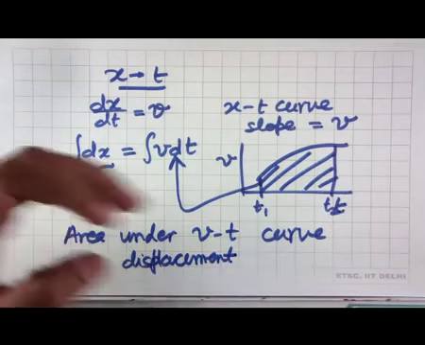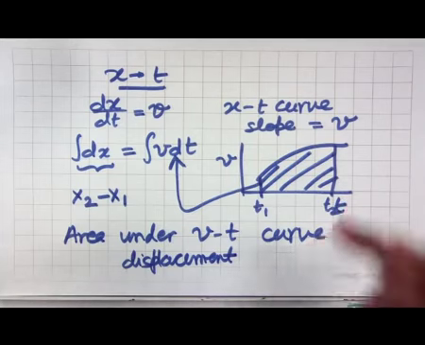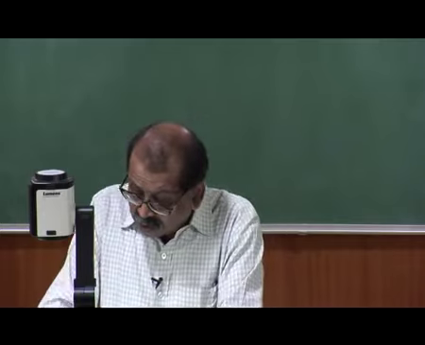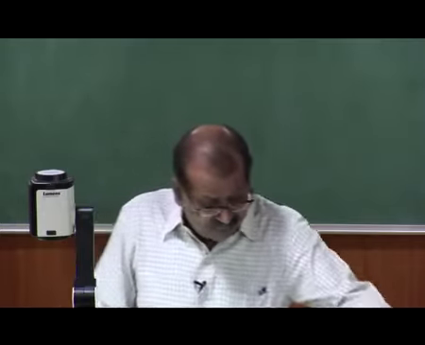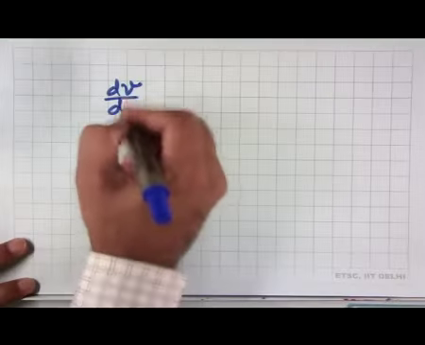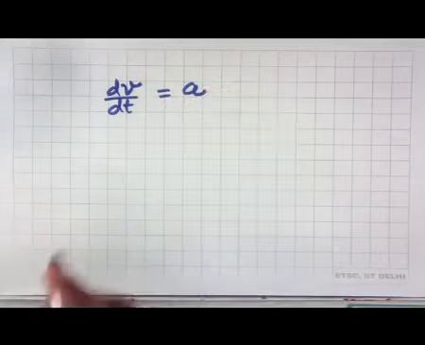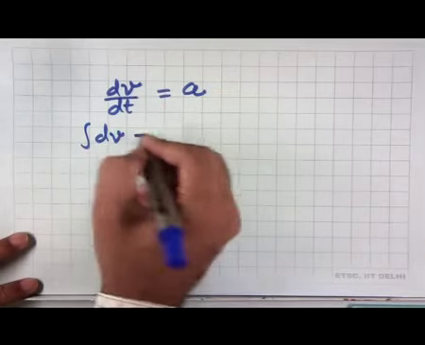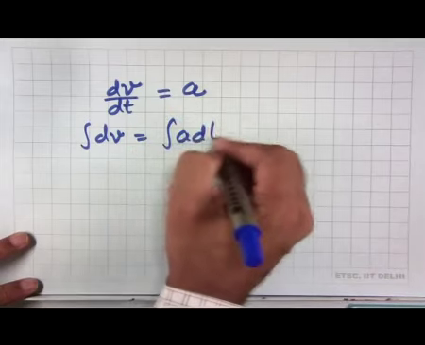So, what we have seen is the slope of the xt curve gives us v, whereas the area under the vt curve gives us the displacement. Now, we can move ahead with the same thing with the acceleration. So, we have dv by dt is equal to a. Here when we integrate, we will get integral dv is equal to integral a dt.